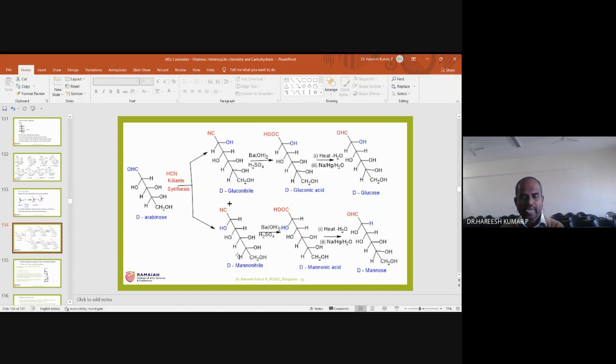And the obtained nitriles are subjected to hydrolysis. What is the hydrolyzing agent? Barium hydroxide. Just like sodium hydroxide, potassium hydroxide is there, no? Barium hydroxide is also a base. So barium hydroxide is used to hydrolyze nitrile into carboxylic acid.